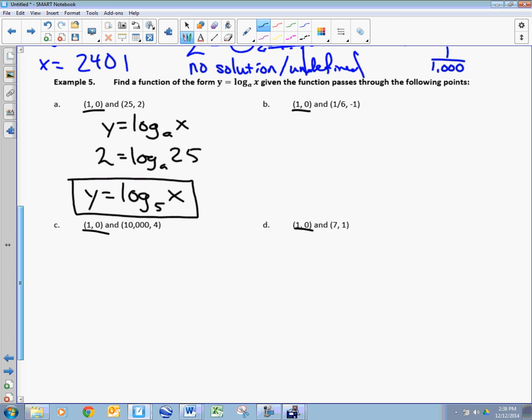Look at the next one. Our y value is negative 1 equals log base a of 1/6. A to the negative 1 is 1/6. A is what? A is 6.